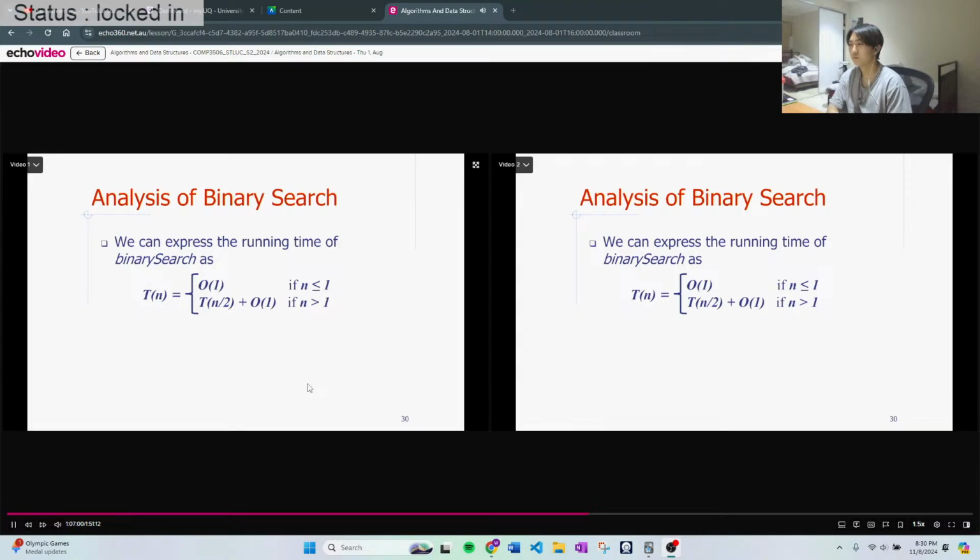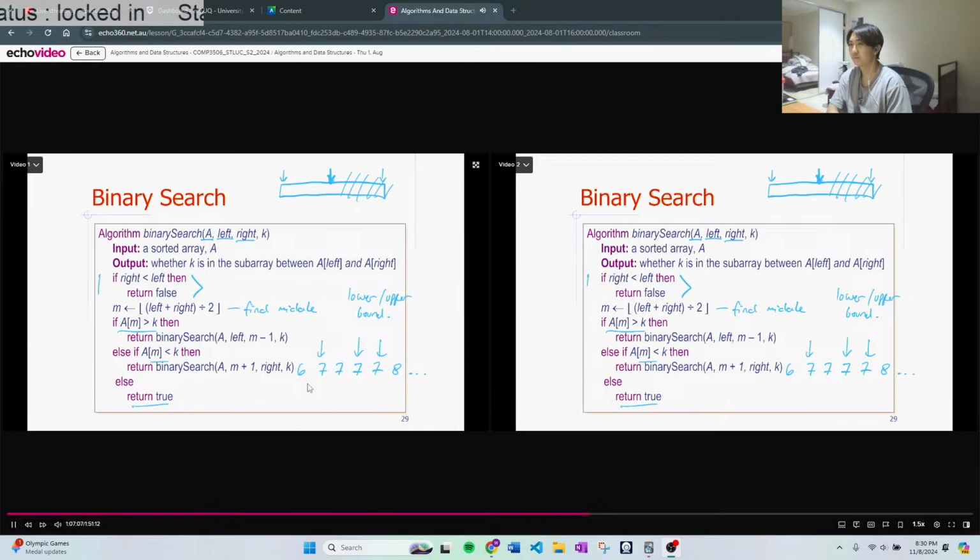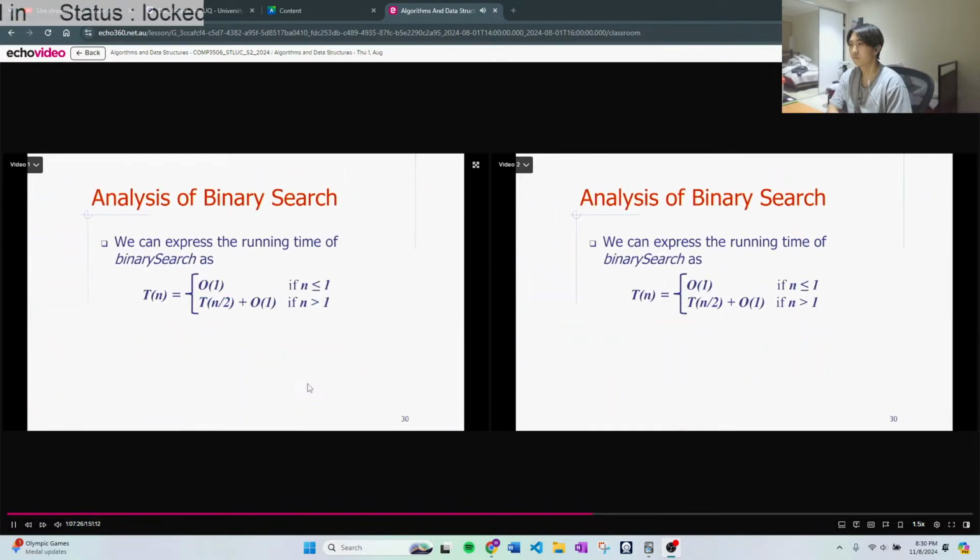Now, if we want to do some analysis on this thing, it's also pretty easy because if you look at the algorithm, doing some ifs is constant time, doing a calculation on where the middle is, constant time, doing a comparison is constant time, calling ourselves, or returning, right? So it's all constant time except for the recursive calls, which means that we get this nice recurrence out, which says it's constant time if n is less than or equal to 1. Otherwise, we do a constant amount of work, plus we need to divide the problem in half each time, right?